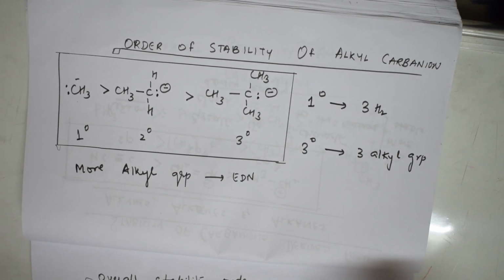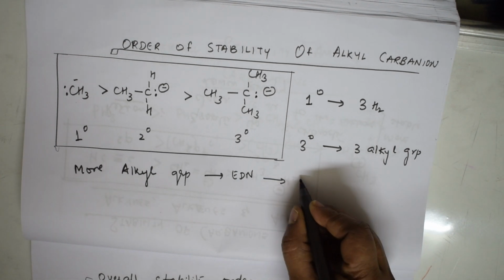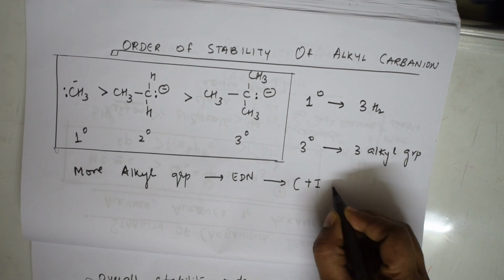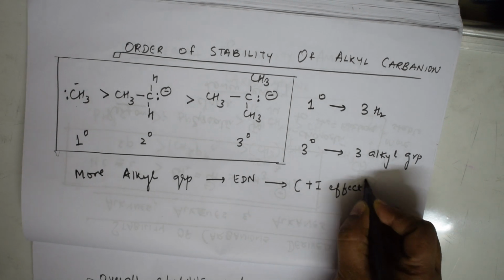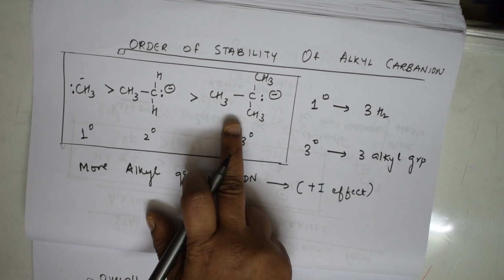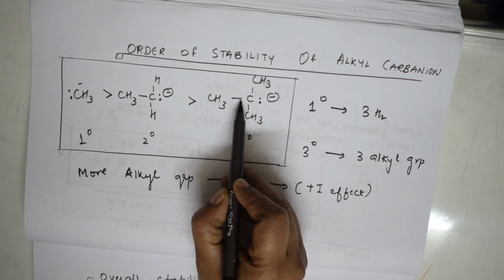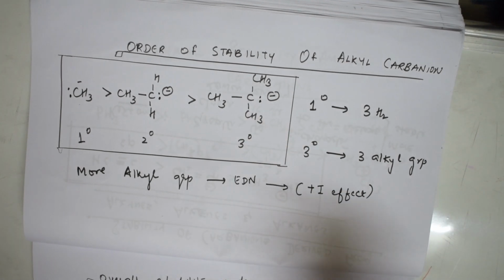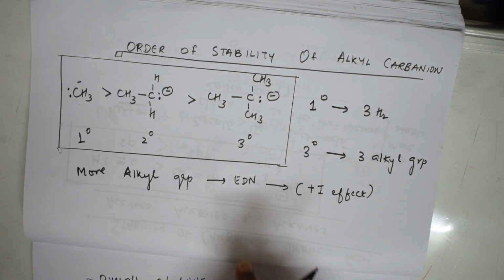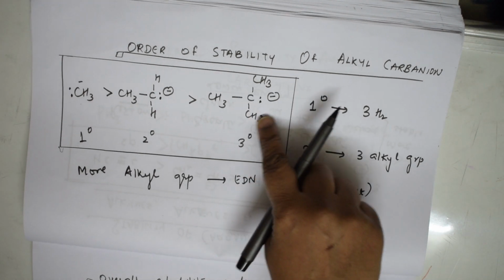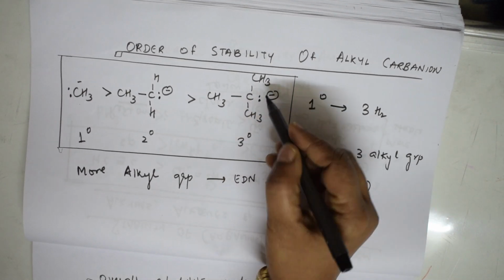If it is more electron donating nature, what can I say? It shows plus I effect. Correct? Plus I effect. Now here, when I see this, a lot of plus I effect is there because this also donates, this also donates, this also donates. Because of this, what happens? This electron donating nature will intensify the negative charge.